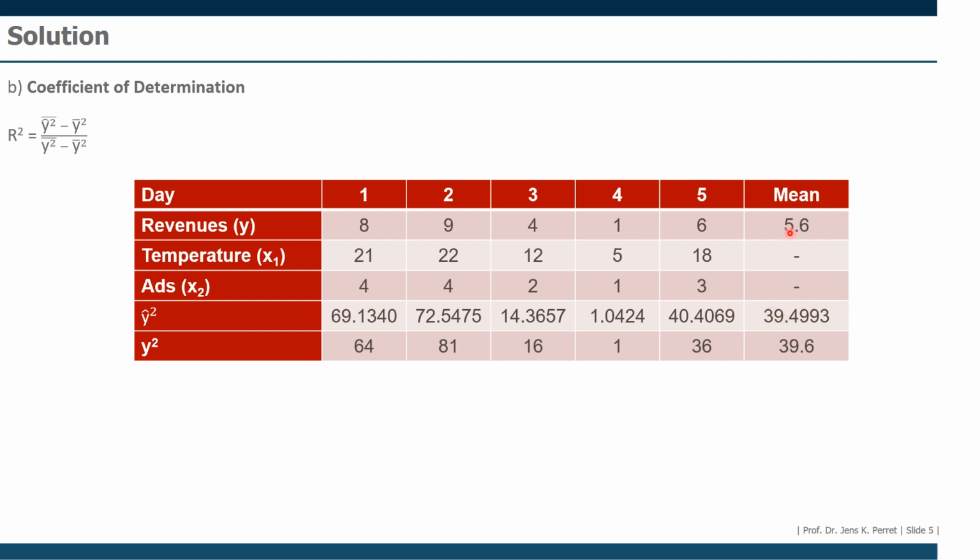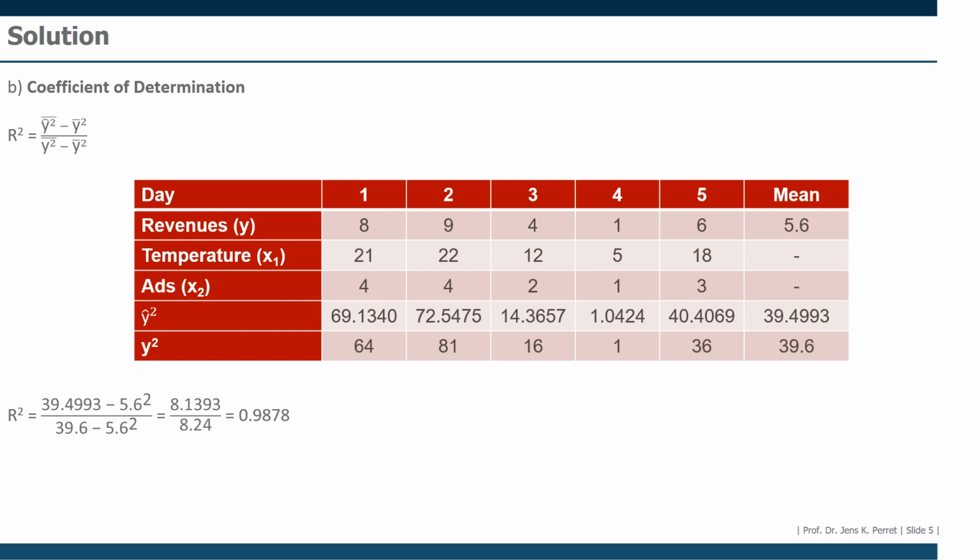I take these three values and insert them in the formula for r squared, giving me an end result of 0.9878. In other words, my regression line can explain 98.78% of the whole variance of the dependent variable. And that's actually pretty good.